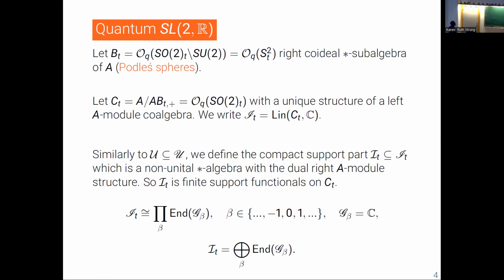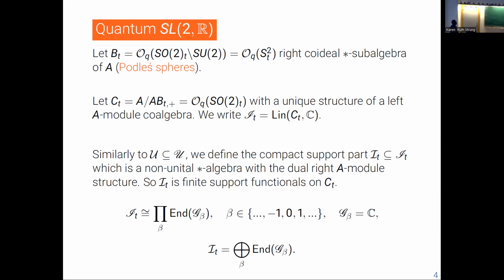Now we define D_t, given by this, which is the right coideal star subalgebra of A, which we can identify with one of the Podle spheres. And we also define C, which is this algebra where D_t plus is the intersection of B with the counit.